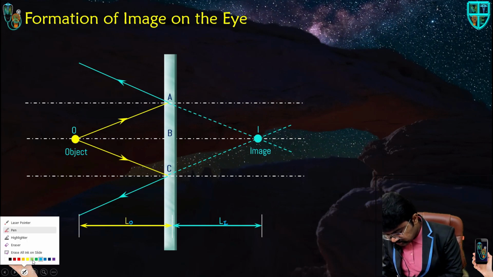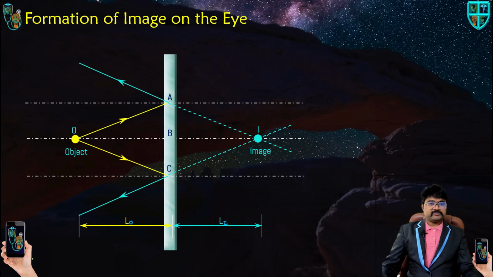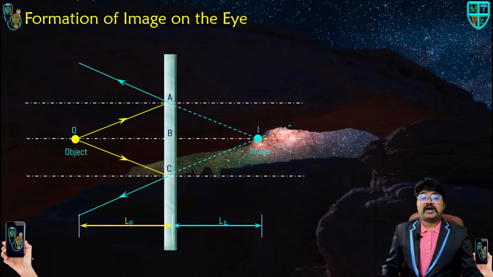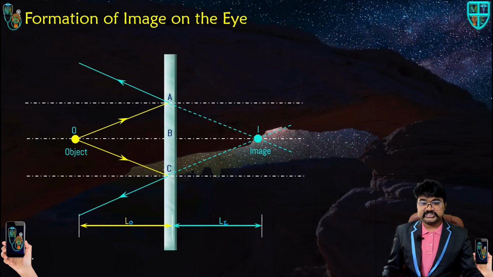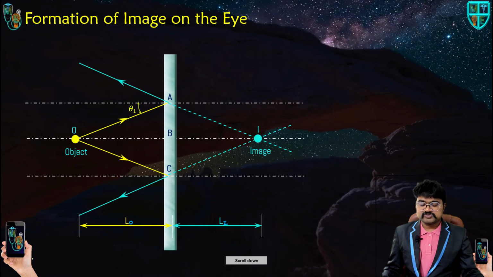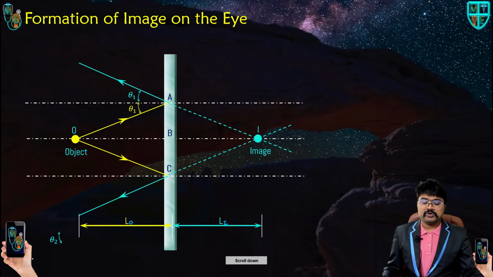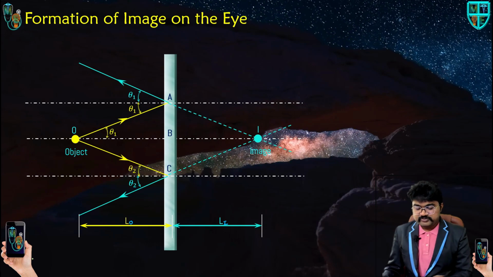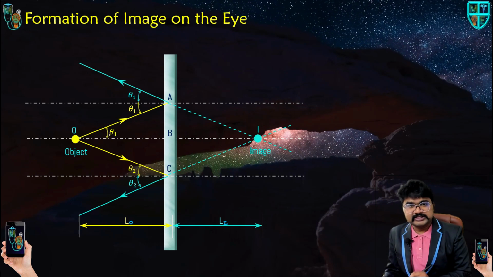Lo equal to Li, that we need to prove. Apply the law of reflection at point of incidence A. This would be theta 1 and theta 2. If it is theta 1, it would be theta 1.